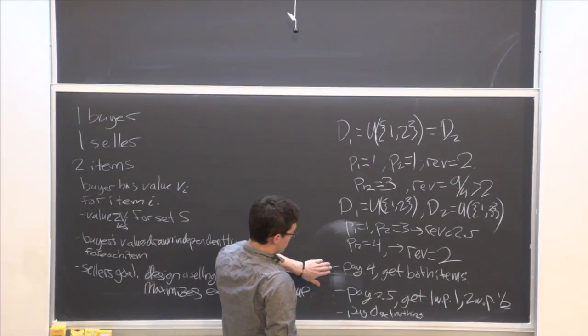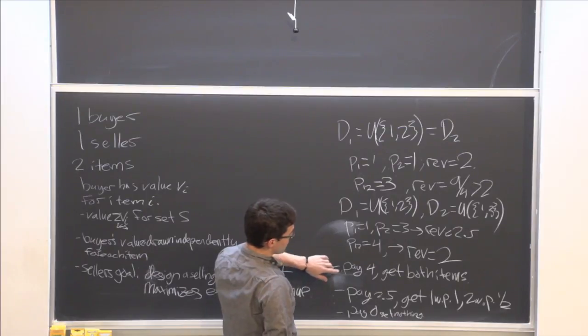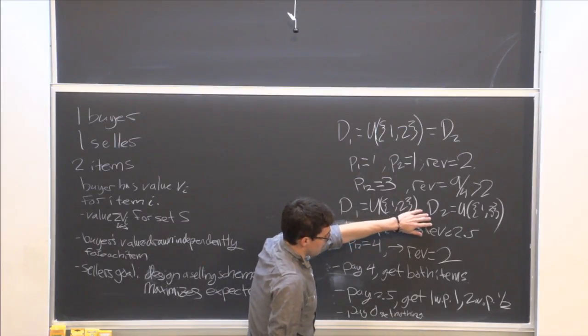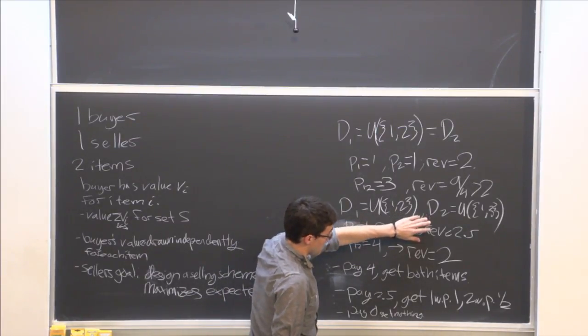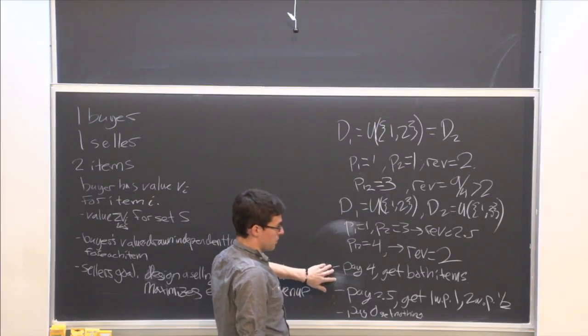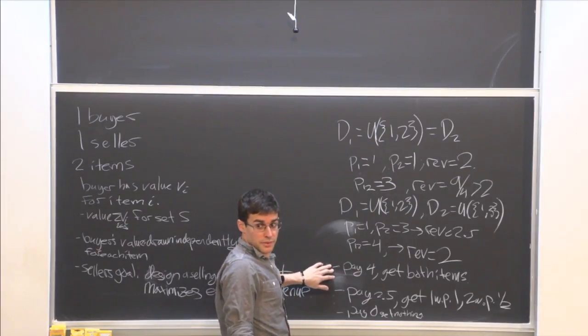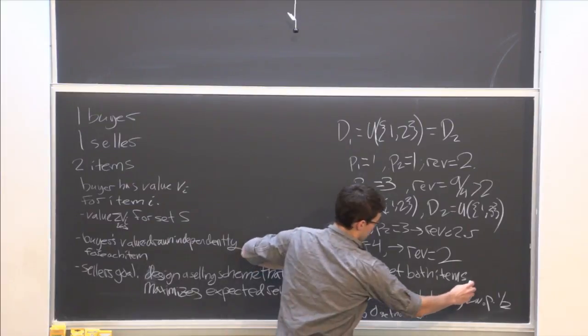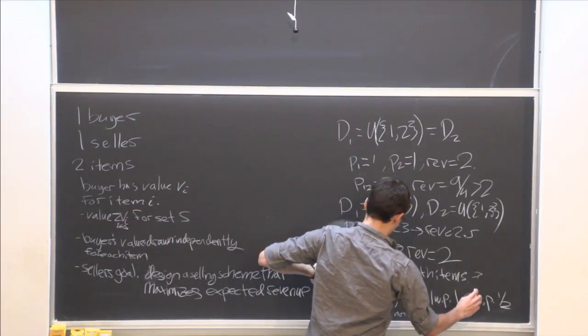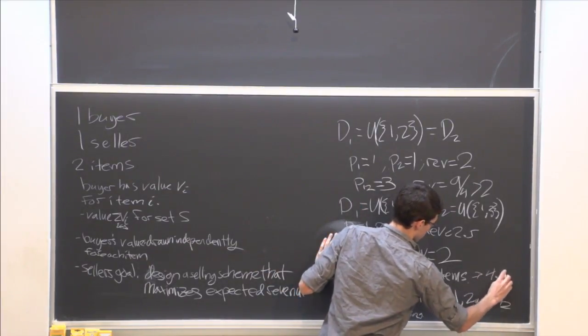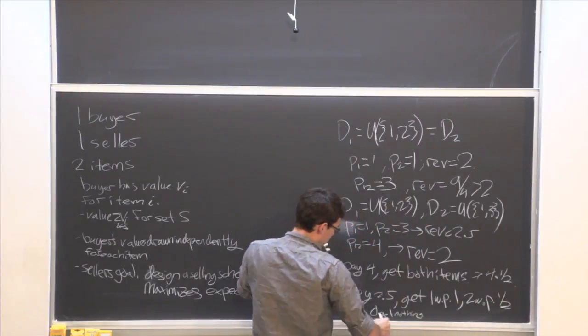And the point is that who's going to choose to do this? Well, whenever your value for item 2 is 3, you're going to want to do this, right? So this is going to give you revenue 4 times 1/2.